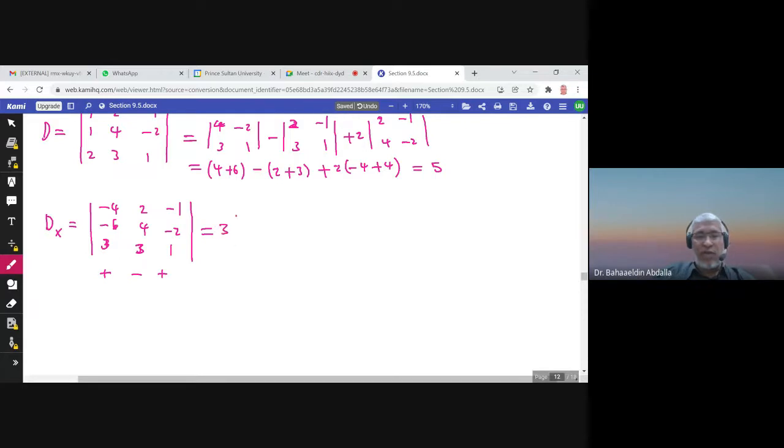The signs are positive, negative, positive for the last row. So 3 times the minor of 3, delete the row and the column, minus 3, delete the row and the column, plus 1, delete the row and the column.